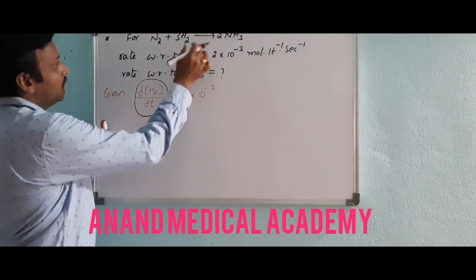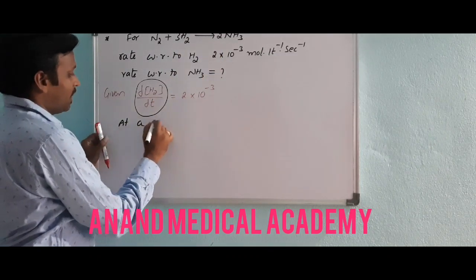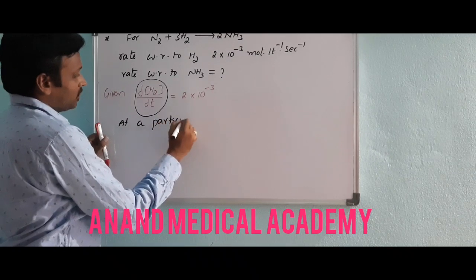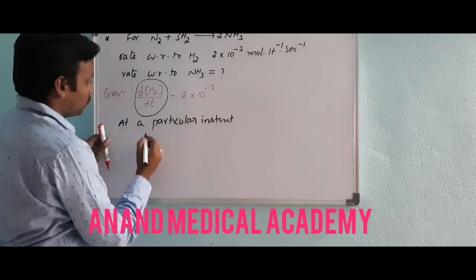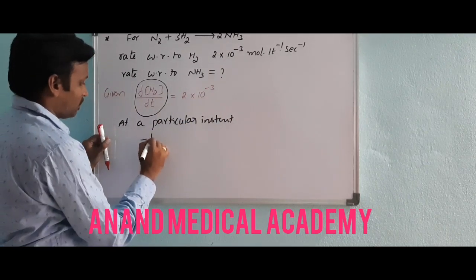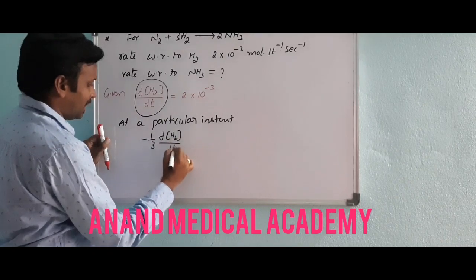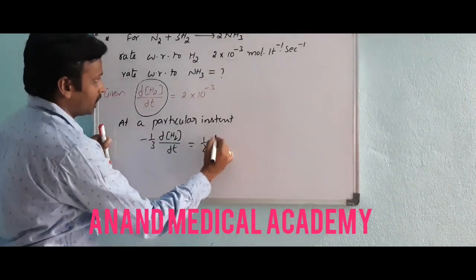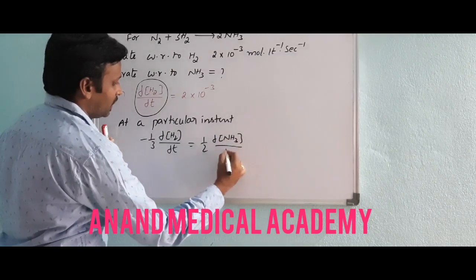So what to do now? As I told you, at a particular instant, and as I told you in the previous class, it is minus 1 by 3 d concentration of H2 by dt, and this is equal to 1 by 2 d concentration of NH3 by dt.